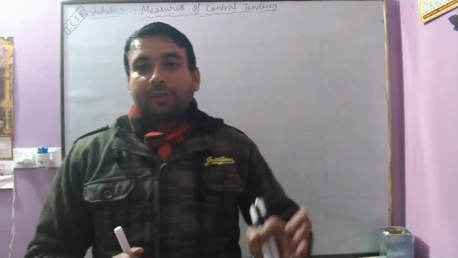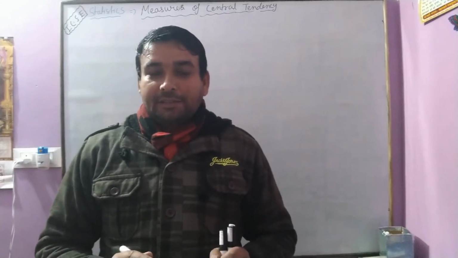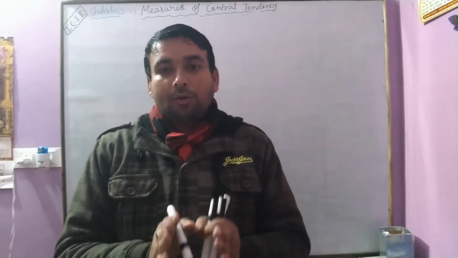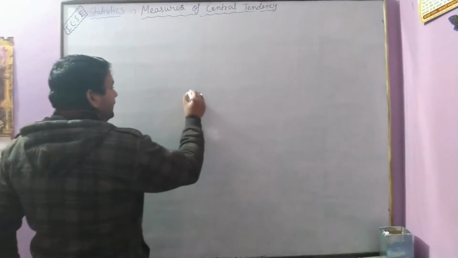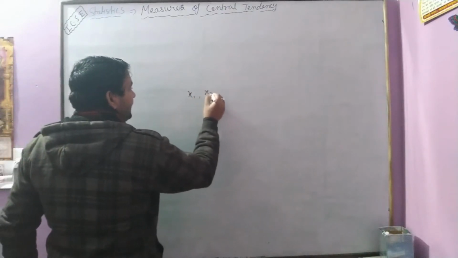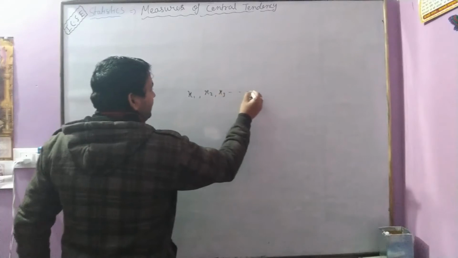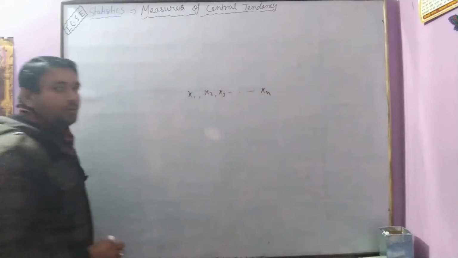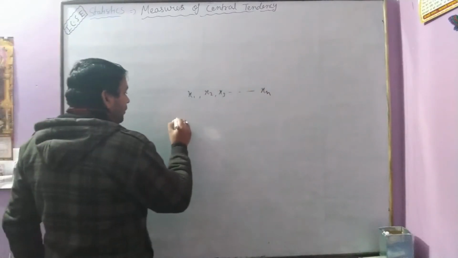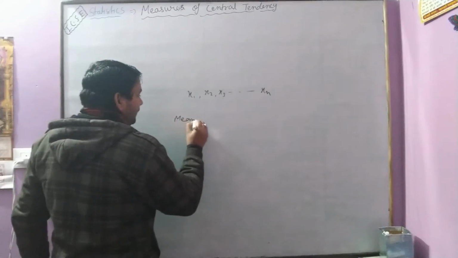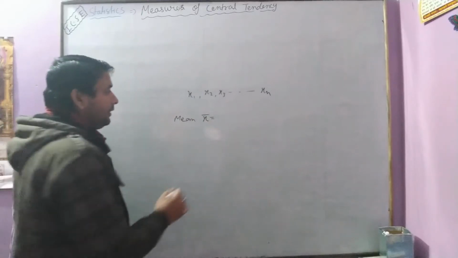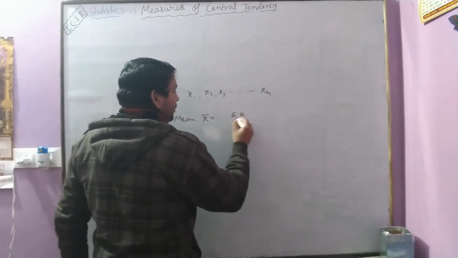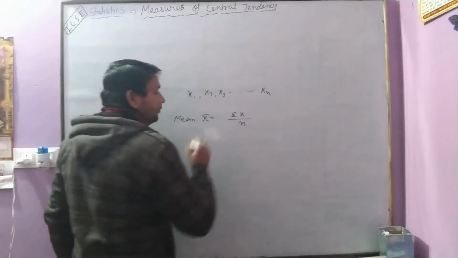As you learned in your previous classes, central tendency is the mean value of the observations or data given to you. If you have some data given as x1, x2, x3 up to xn, then the mean of the data, which is represented by x bar, is given by the summation of all observations divided by the number of observations.